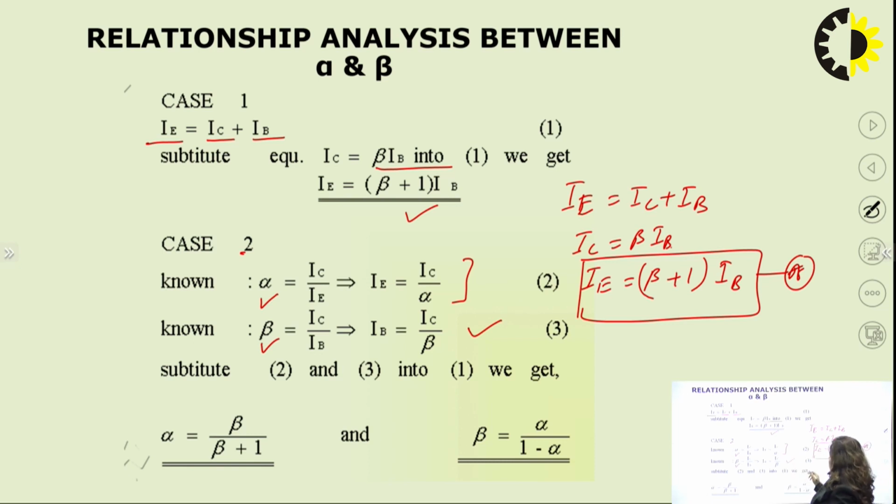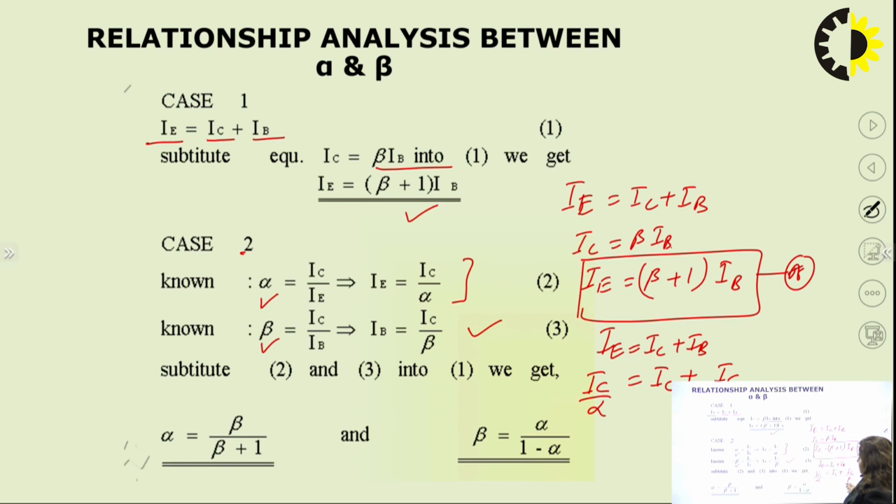Now substitute equations 2 and 3 into equation 1, which is IE equal to IC plus IB. So IE is IC upon alpha, and IC plus IB is IC plus IC upon beta.